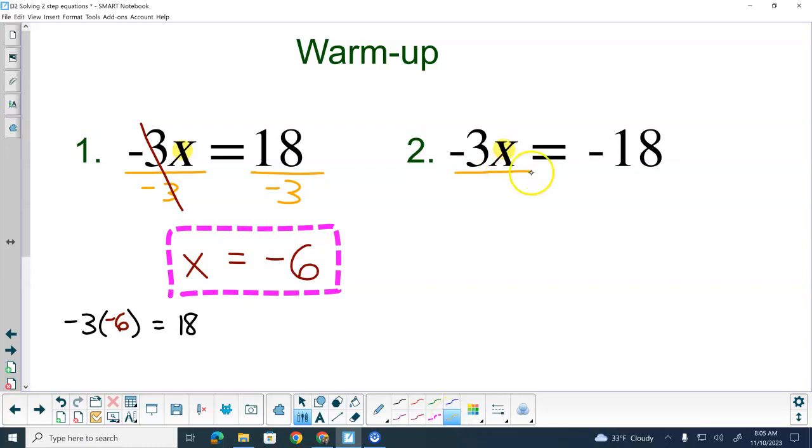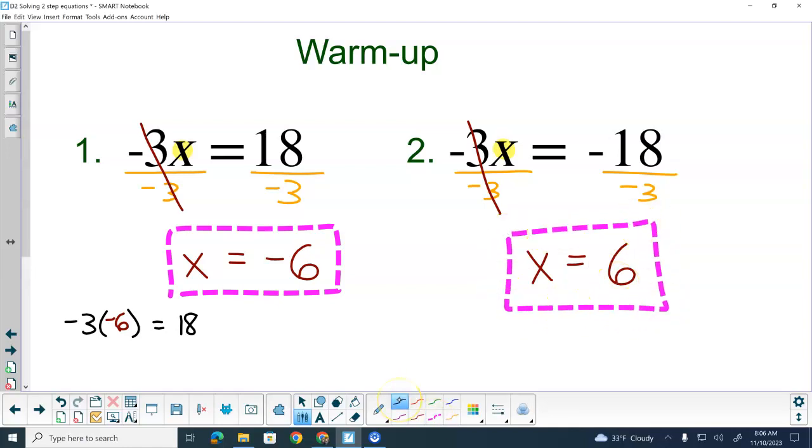Over here again, dividing by -3, because that's going to cancel there. Leaves me with x equals. Now this time, what's the answer going to be? +6. Okay? Because now we've got a negative divided by a negative. That's going to be +6.